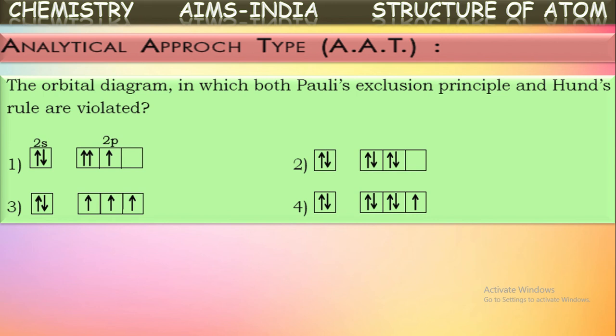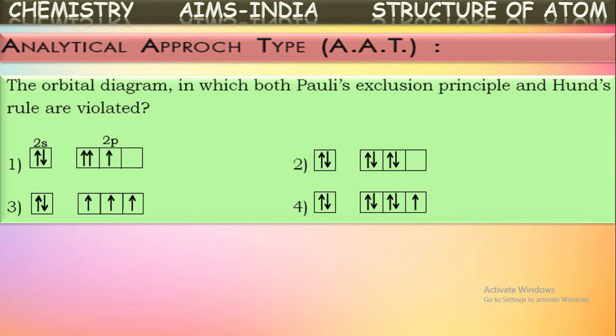To follow this, there should be a maximum of two electrons in any orbital, and those two electrons should have opposite spins, one clockwise and the other anti-clockwise. That is about Pauli's principle.